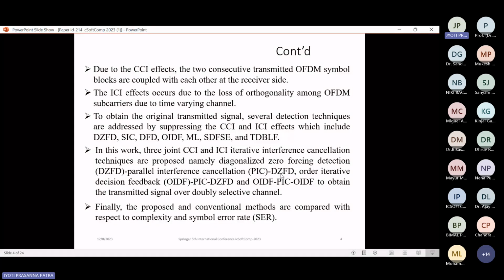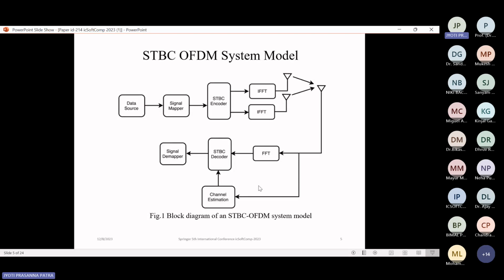Similarly, OIDF, order iterative decision feedback, OIDF-PIC-DZFD, and OIDF-PIC-OIDF. We have compared our proposed method with all the conventional methods in terms of symbol error rate and computational complexity. First coming to the block diagram of the STBC OFDM system model.